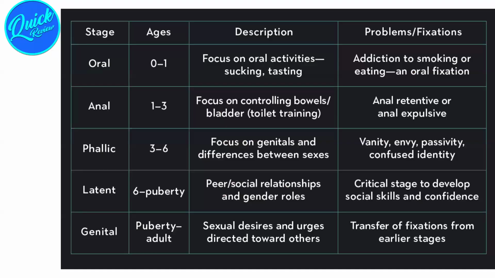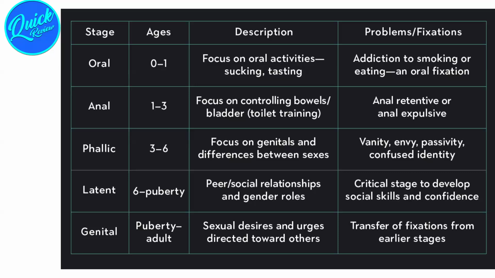So when we talk of the five stages of psychosexual development, the first stage is oral, from age 0 to 1. Here the focus is on oral activities, as in sucking, tasting things, and putting most of the objects in the mouth. That is our oral stage.